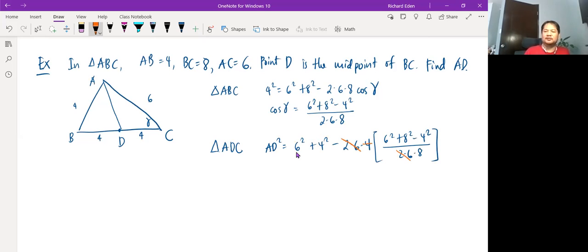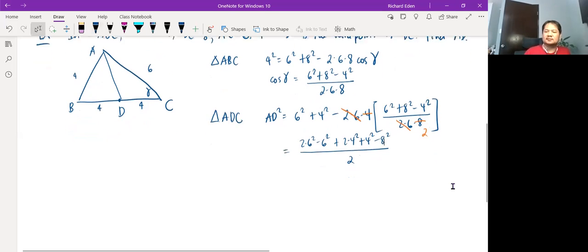So 4, 8, you have 2. So we have over 2: 2 times 6 squared, minus 6 squared, 2 times 4 squared, plus 4 squared, and then minus 8 squared.